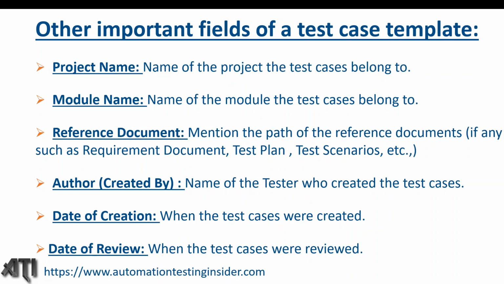So these are some other points which we need to mention as part of the test case document. Maybe there will be a separate worksheet as well. Generally we make it in an Excel document, and there is a separate section called revision history, where we mention who reviewed, what is the review date, and all those things as well.